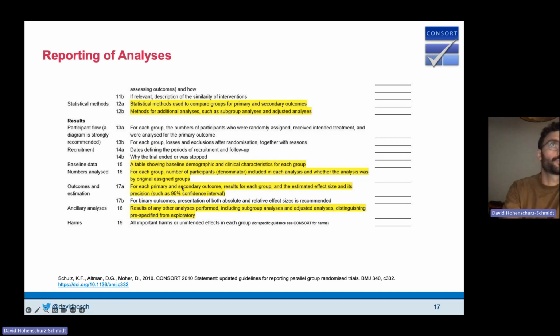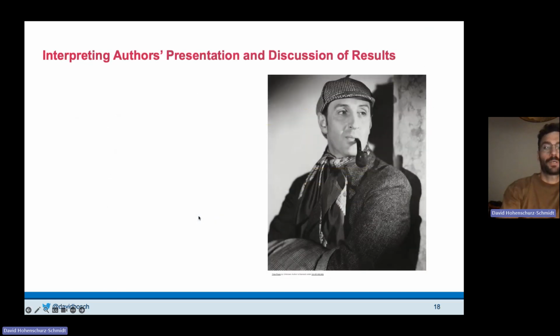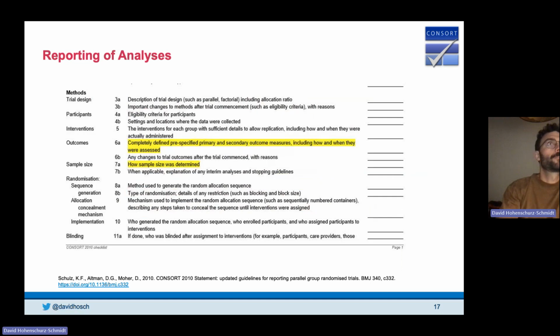For each primary and secondary outcome, present the results for each group. Present the data, the estimated effect size, and its precision. So how confident can you be around this group difference that you may or may not have encountered? Any additional analyses, distinguishing pre-specified from exploratory.